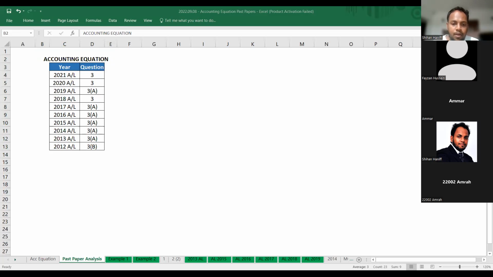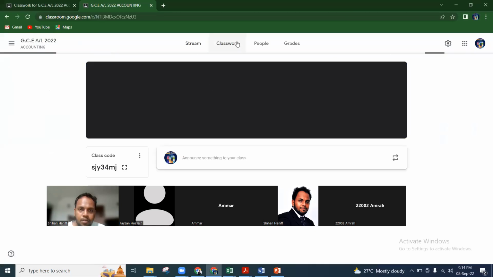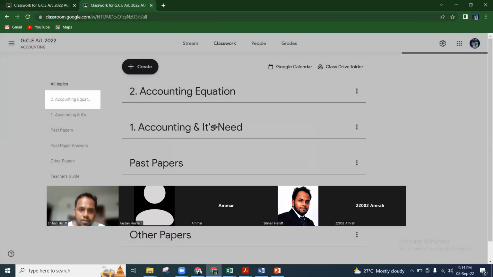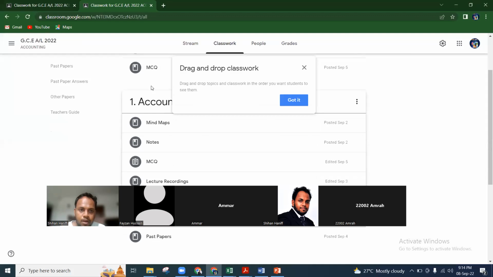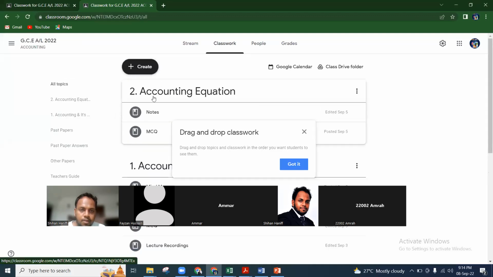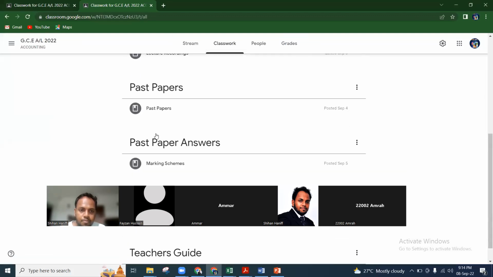And the past papers are in the Google Classroom. If you don't have the past papers, go to the Google Classroom. Right, in the Google Classroom, I have uploaded all the past papers. Check here in the classworks. Now I'll upload today's session here.